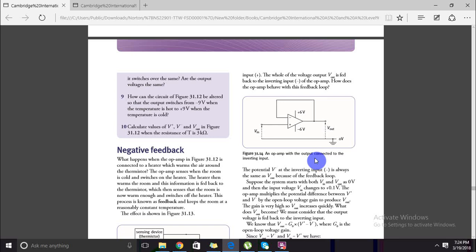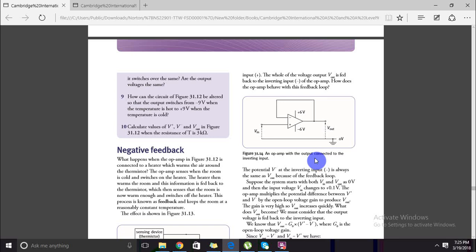So that is what we studied in the comparator. And if the temperature were to get higher, then eventually the voltage would drop and there wouldn't be any current flow to the heater, and that is a comparator.